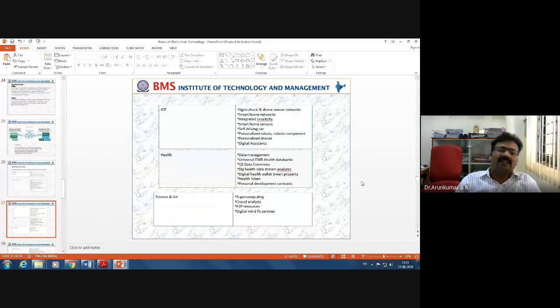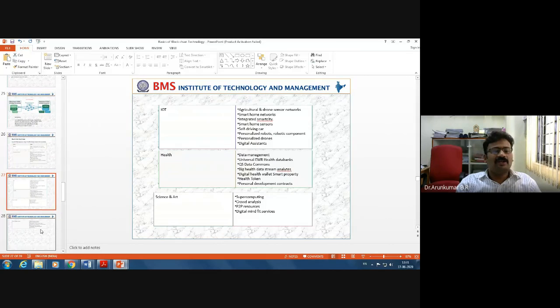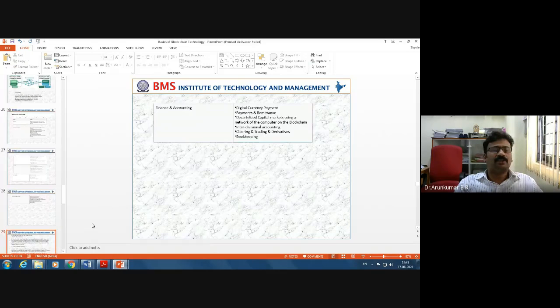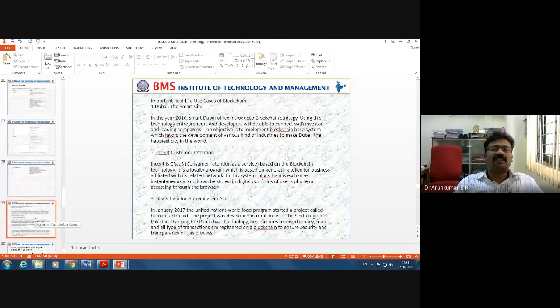In these cases, the blockchain is used. So different use cases are given here. Finance and accounting, especially, is important: digital currency payment and remittance, decentralized capital marketing using a network of computers and the blockchain. These are certain things used with respect to blockchain use cases.